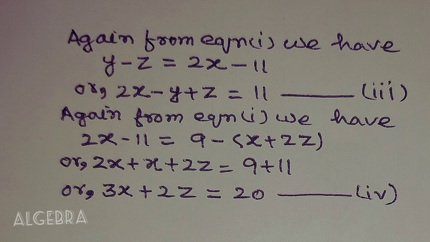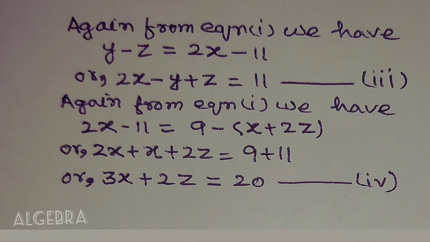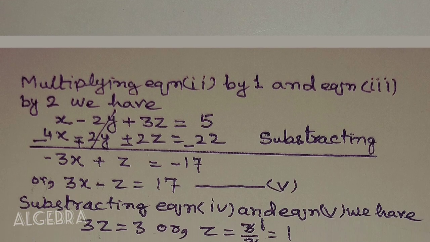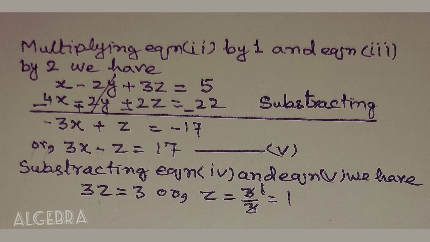Again from equation 1, we have 2x minus 11 is equal to 9 minus x plus 2z, or 2x plus x plus 2z is equal to 9 plus 11, or 3x plus 2z is equal to 20, equation 4. Multiplying equation 2 by 1 and equation 3 by 2, we have x minus 2y plus 3z is equal to 5, and 4x minus 2y plus 2z is equal to 22.